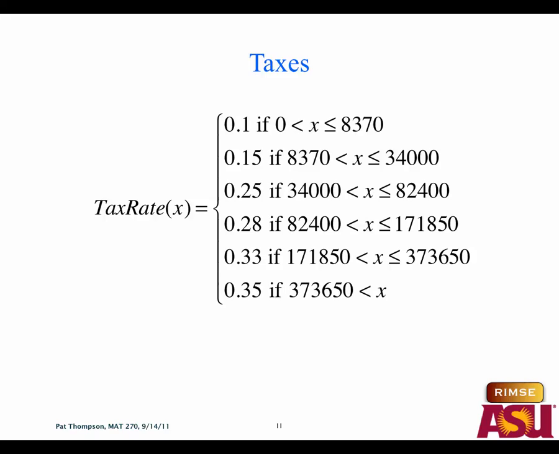What does the 0.25 mean? Regular rate change in X from there on until 82,000. The change in Y is going to be a quarter of that. It's the percentage of tax you have to pay on the difference between 50,000 and 34,000.